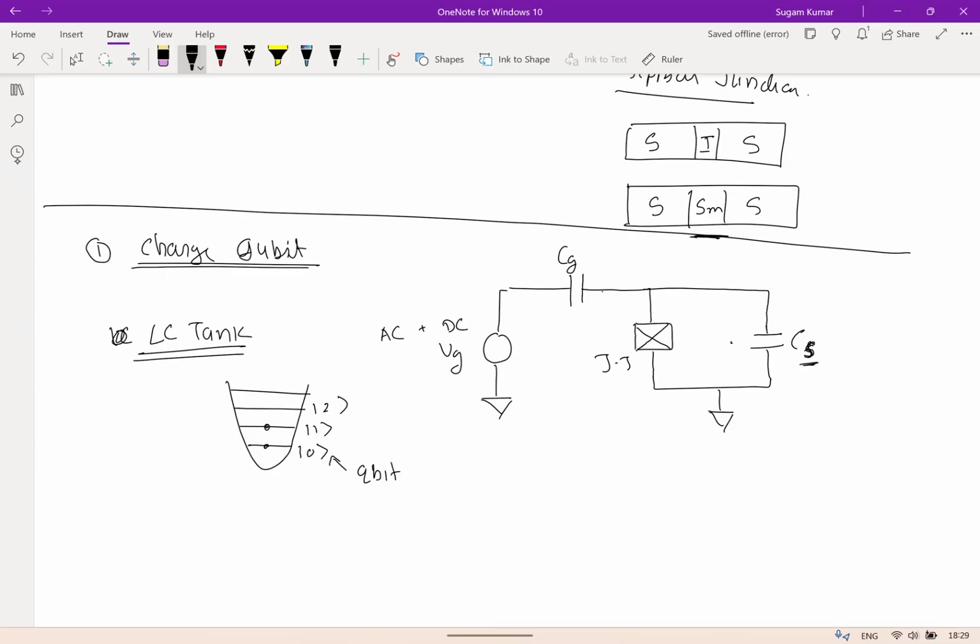But before we go into the details of the charge qubit, what we need here is a little bit of introduction, some idea about superconductivity. Because without it, I will try to go very quickly now through the superconductors, so that all the terms which I'm going to use, you become familiar with those terms.